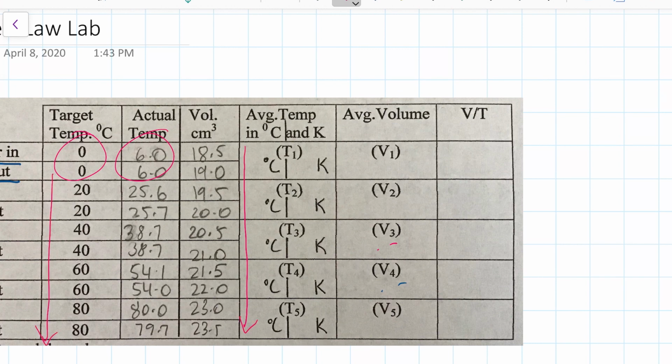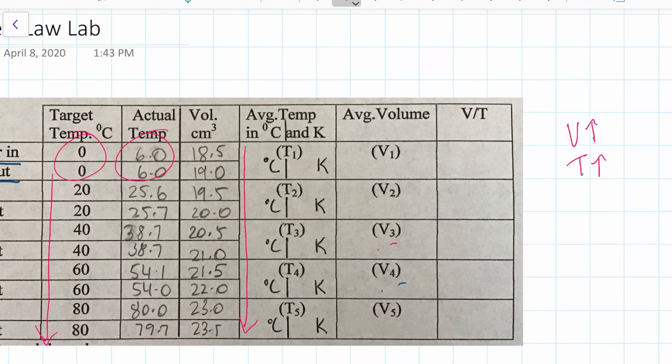As my temperature increases, my volume is also increasing. Now remember that when you read about Charles' law, it says that as volume increases, temperature increases. So this is what we expected to happen, and this is what indeed did happen.